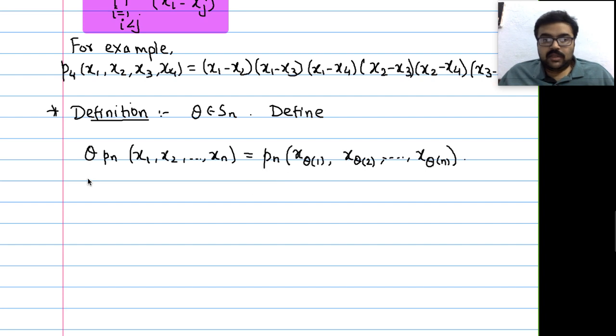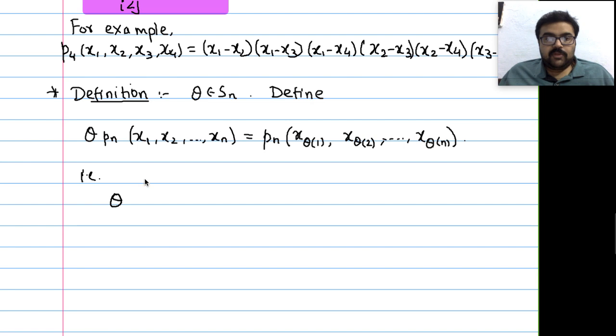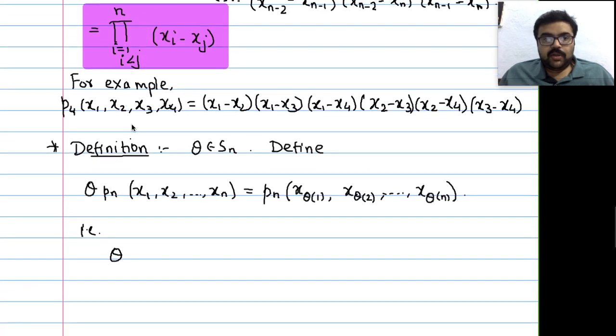So we can write this theta. What was Pn? Pn was written in terms of a product like this.